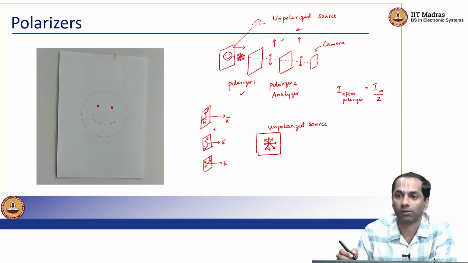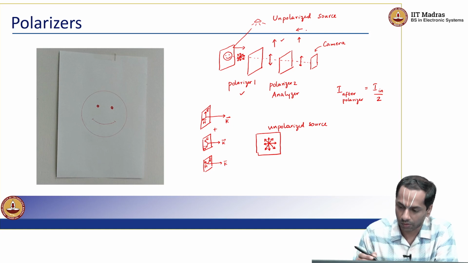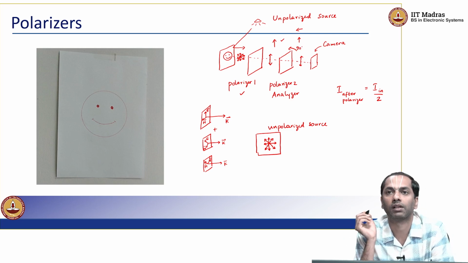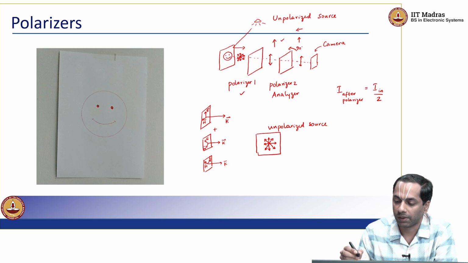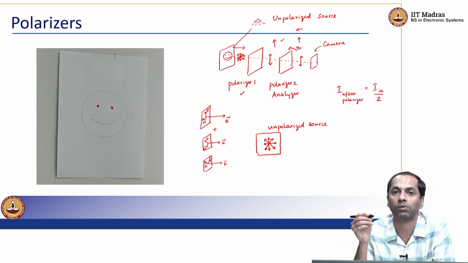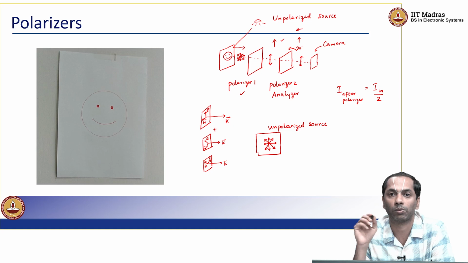However, when you rotate this by 90 degrees and ensure that the optical axes for polarizer 1 and 2 are perpendicular to each other, we block it out. Remember, polarizer 2 is only allowing horizontal polarization through, but polarizer 1 is allowing vertical polarization through.